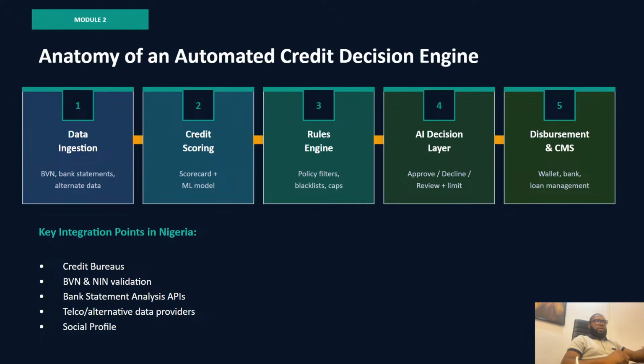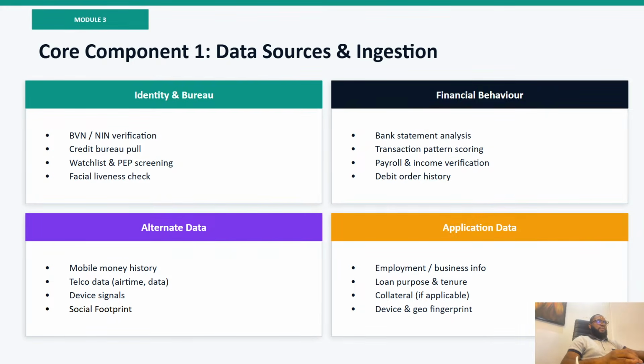I mean, all these services that Nigerians typically would use, Netflix, YouTube. The email address not being linked to any social profile is actually a flag that you can leverage in your rule layer. So these are the key integration points as far as the Nigerian lending space is concerned.